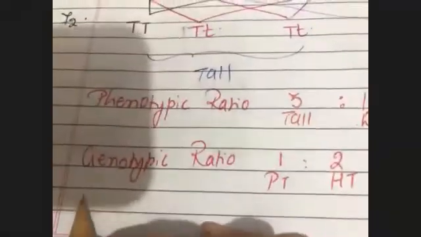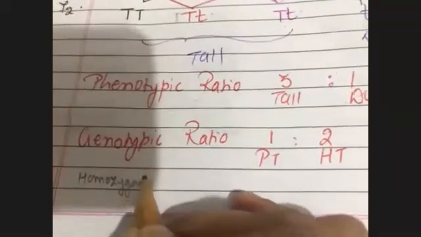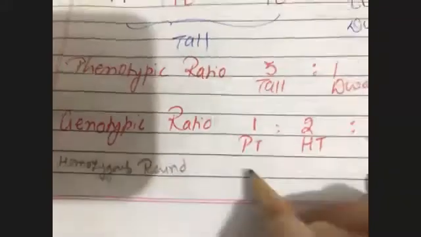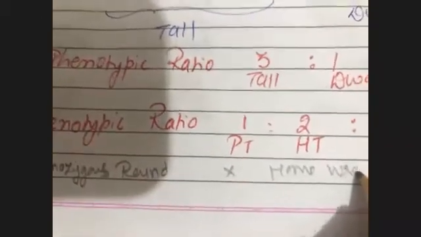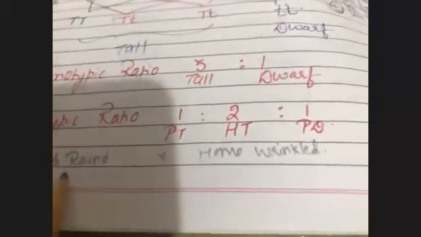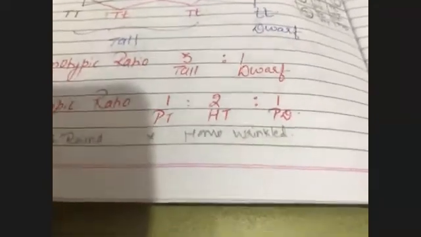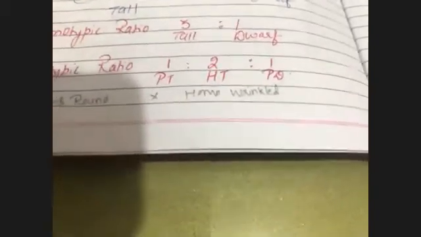I have taken a homozygous round seeded plant crossed with a homozygous wrinkled seeded plant. You all have to give me the answer. Give me the phenotypic as well as the genotypic ratio. One seed is round, the other seed is crooked and irregular, and that we call wrinkled. So I want you to tell me its phenotypic and genotypic ratio.